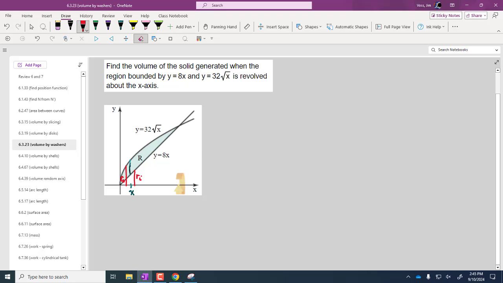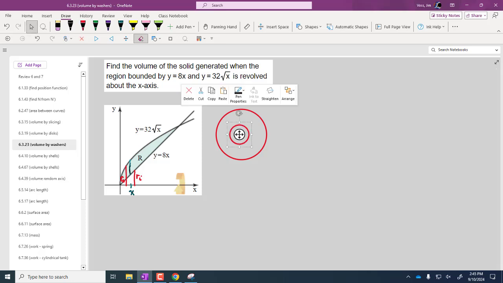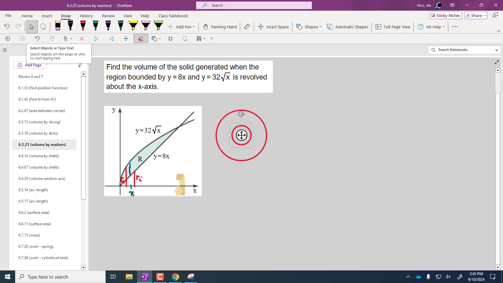So the inner radius is from the axis of revolution to the first curve. The outer radius is from the axis of revolution to the further curve. So we're dealing with this type of object here, an annulus, and we want to find the area of it.